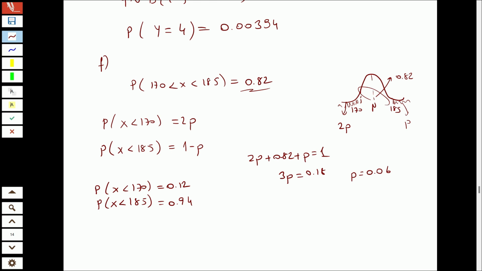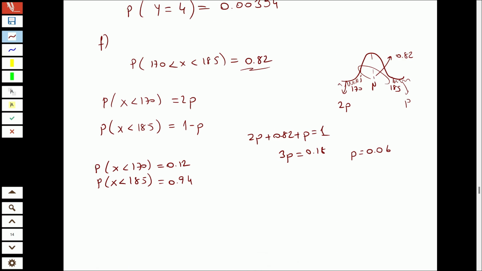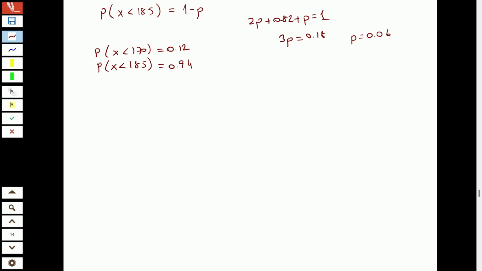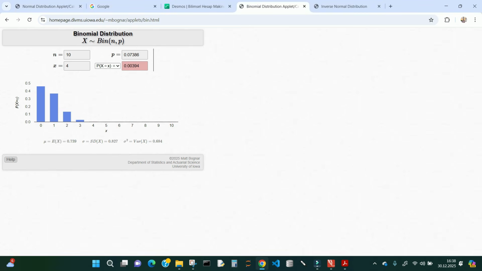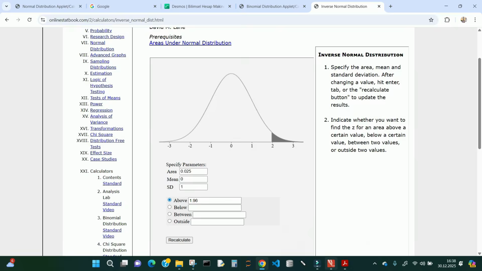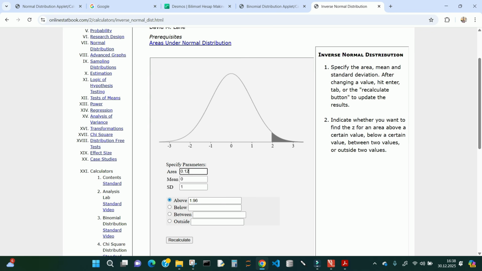So how are we going to find nu? We're going to use the z-score. To find the z-score, you can calculate from the TI also, with the inverse normal distribution. If you, for example, choose the area 0.12, the default mean and standard deviation are 0 and 1. So the z-score is minus 1.175.